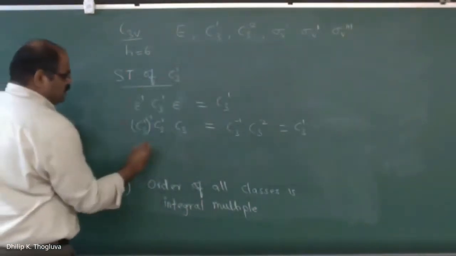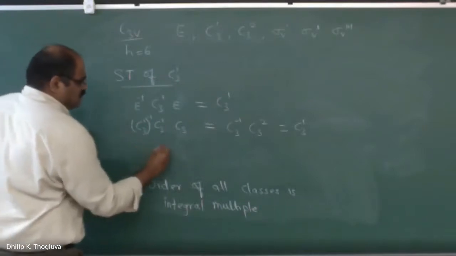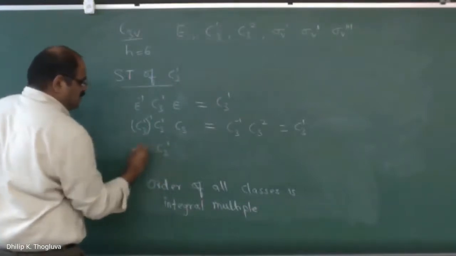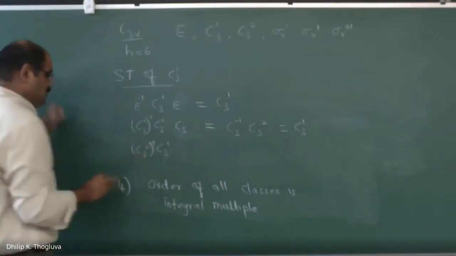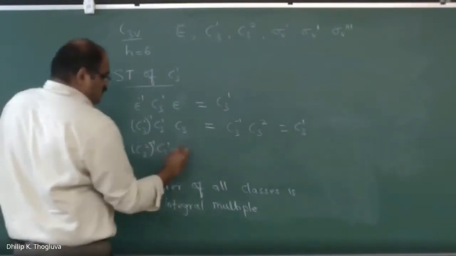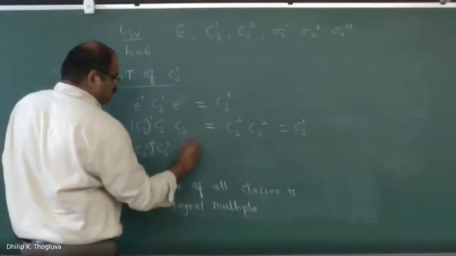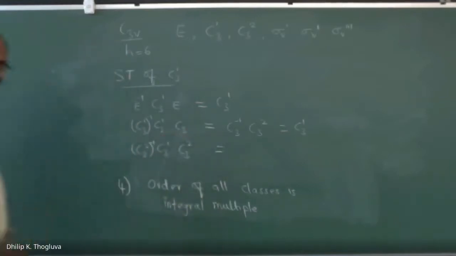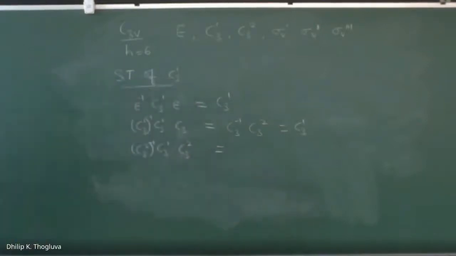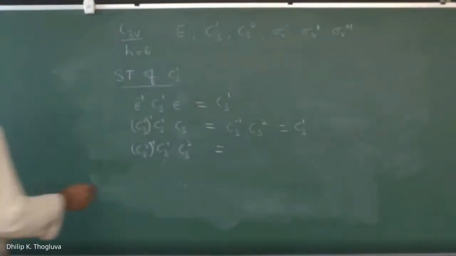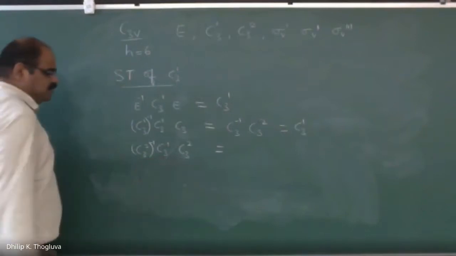Okay, so the third is C3¹ and then C3² minus 1, and then this is C3². So what will we get for the third one? We'll perform a similarity transformation of C3¹ with respect to C3².